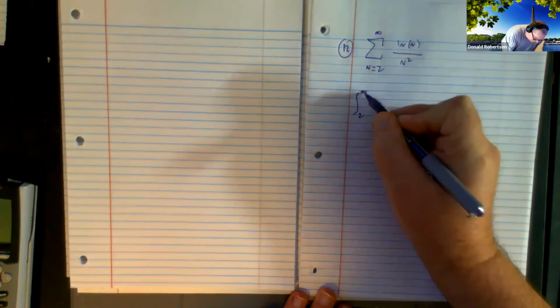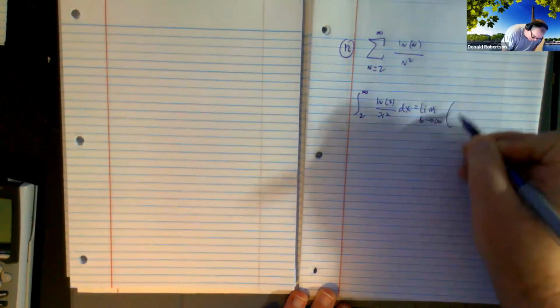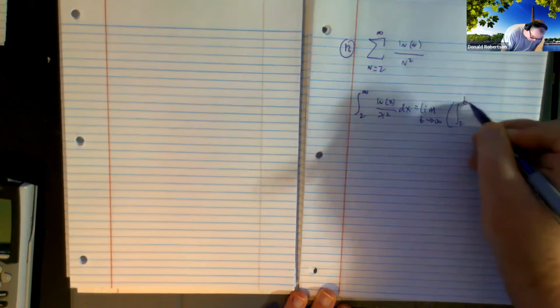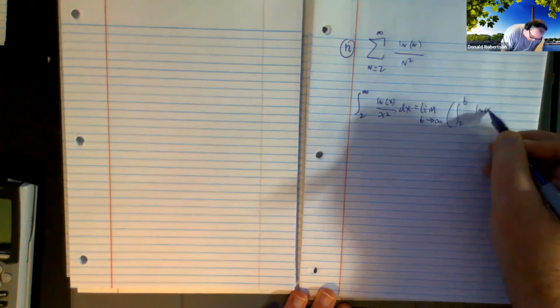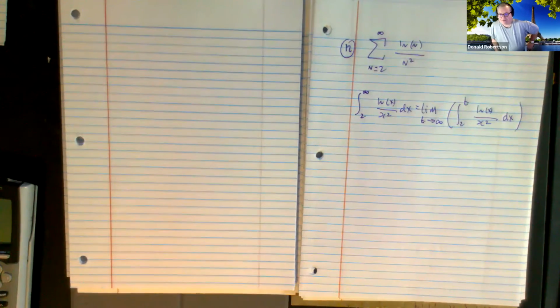And when you find the integral from 2 to infinity, you're going to be left with this guy. What method will I use to solve that integral? It's either a U sub or it's an integration by parts, and be very careful.